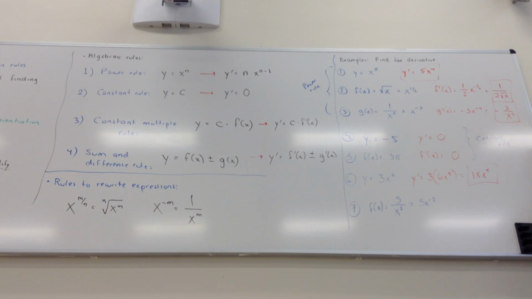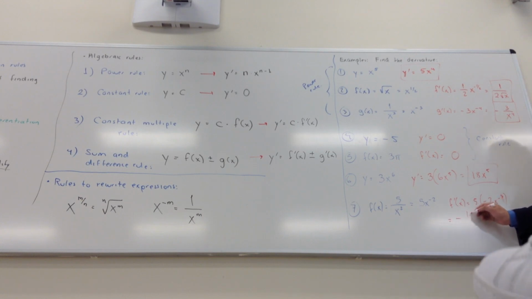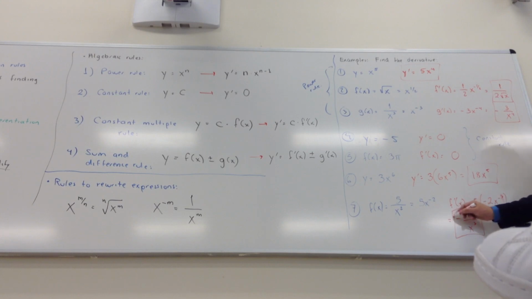So, again, apply the constant multiple. The derivative is going to be 5 times the power rule, which is minus 2x to the minus 3. So, minus 10 over x cubed. That's the answer.